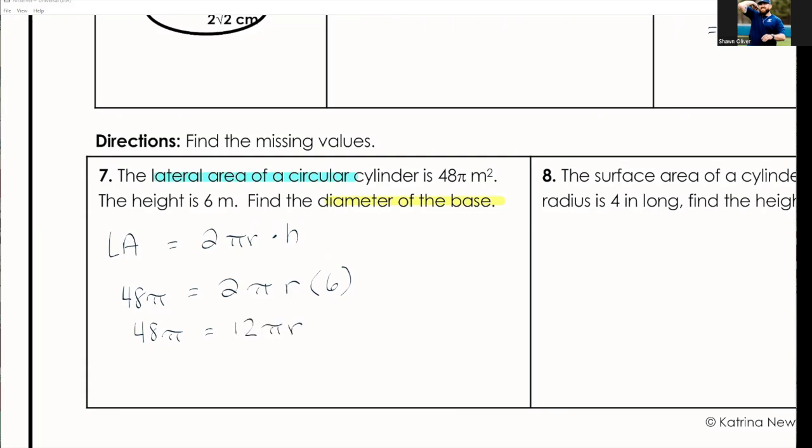We are solving for radius, so we're simply going to divide both sides by 12 pi. And we end up with a radius of 4. Diameter is twice the radius. So 2 times 4 is 8.